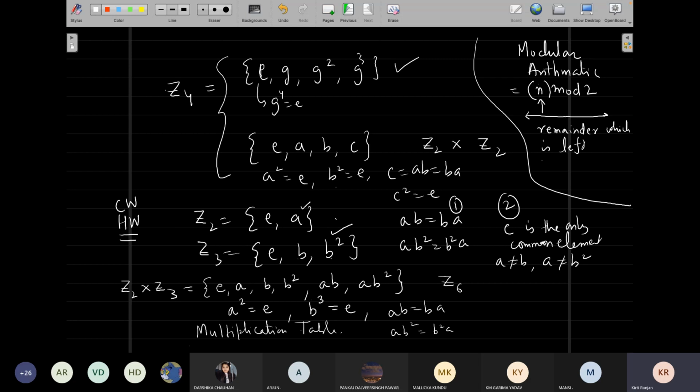So let's just see 0 mod 2. What is the result? 0. 1 mod 2? 1. 2 mod 2?